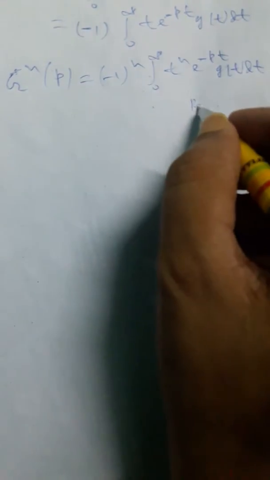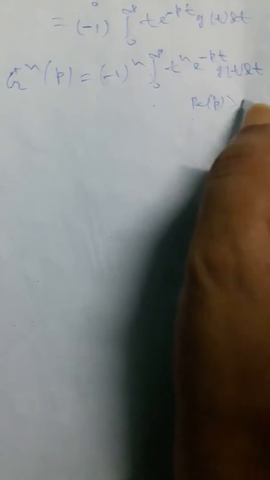Now by the method of induction, g dash p is clear, and G^(n)(p) will be (-1)^n times the integral from 0 to infinity of t^n e to the power minus pt g(t) dt, which also exists in the same real domain, real p greater than a.